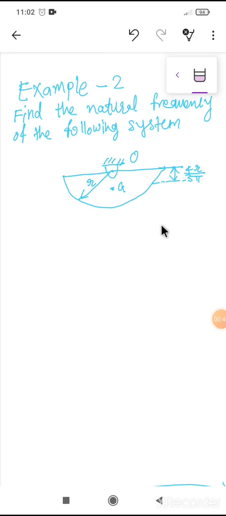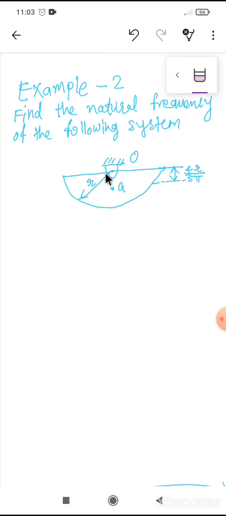Here in the question, a semicircular disk of radius small r is attached to a fixed support from the center of the diameter. This disk is oscillating from left to right with respect to the center of this diameter of the semicircle.